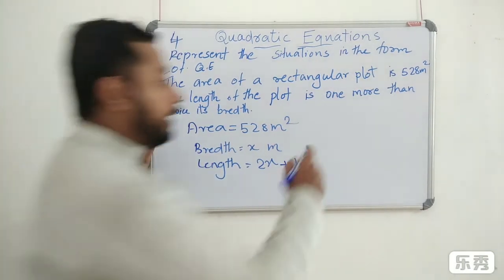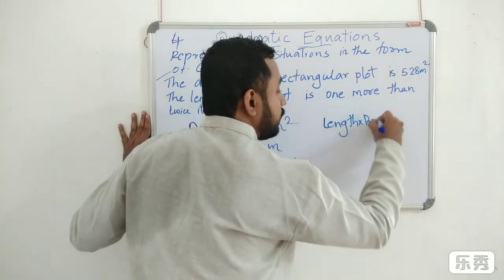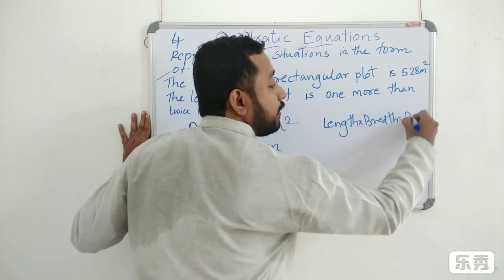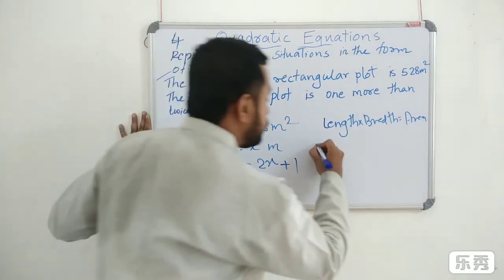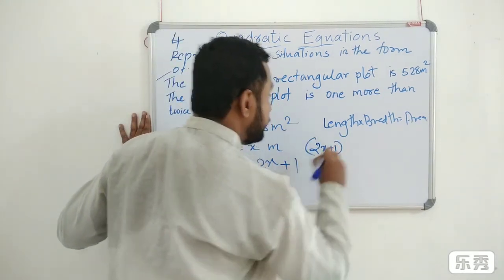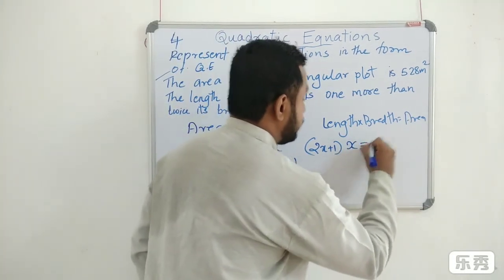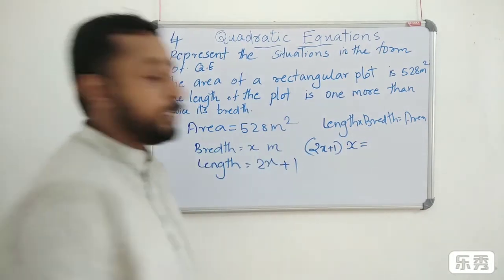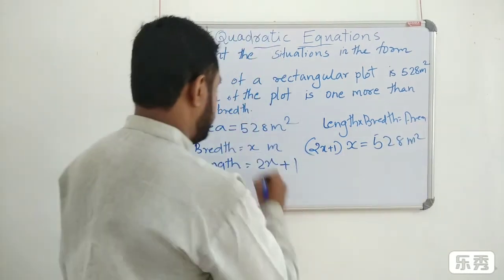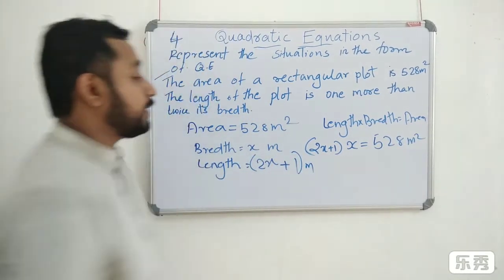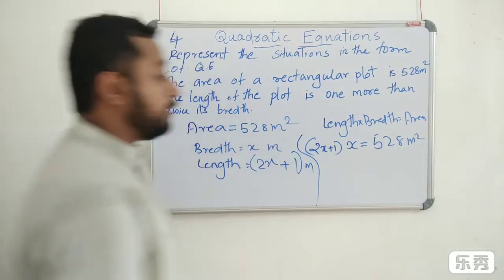Then we have length into breadth is equal to area. We have length equal to 2x plus 1 into breadth equal to x. (2x plus 1) into x is equal to the area, 528 meters square.